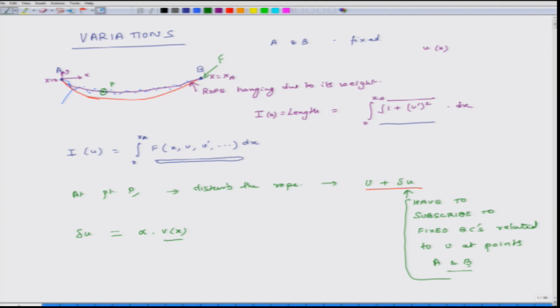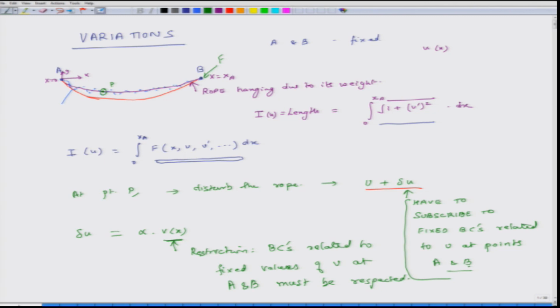So, our choice of V can be general, and the only restriction is that the boundary conditions related to fixed values of u at A and B must be respected. You cannot break those boundary conditions. This is very important to understand.